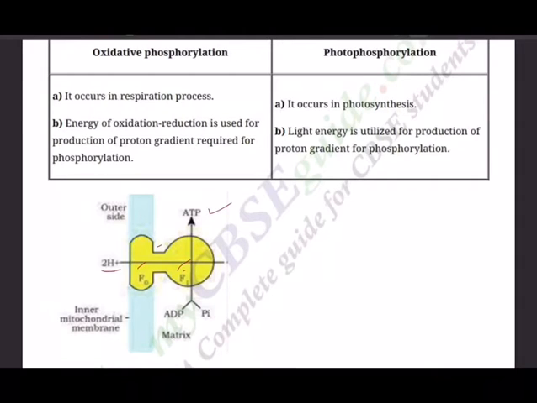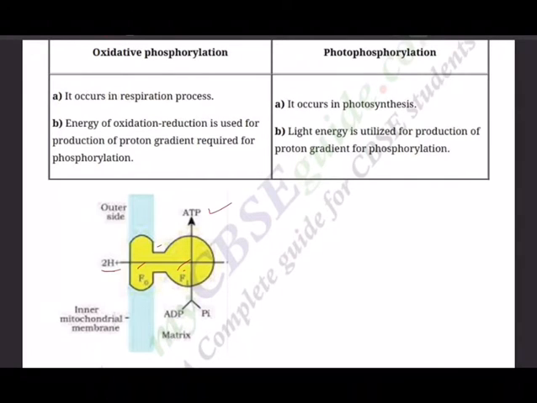Protons originating from electron transfer are translocated by the respiratory chain across the membrane from the mitochondrial matrix side to the cytosol side or outer side, from M side to C side.